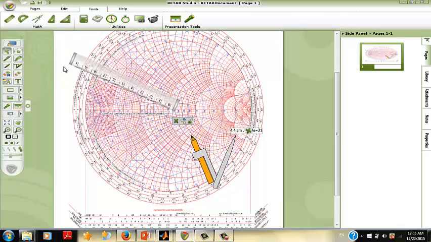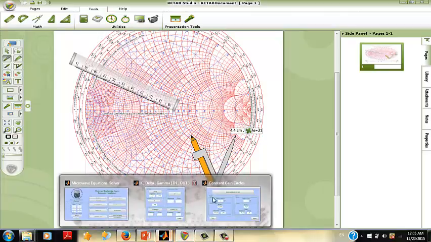By using the pen, we will draw the line. After that, we will find the magnitude of the center.